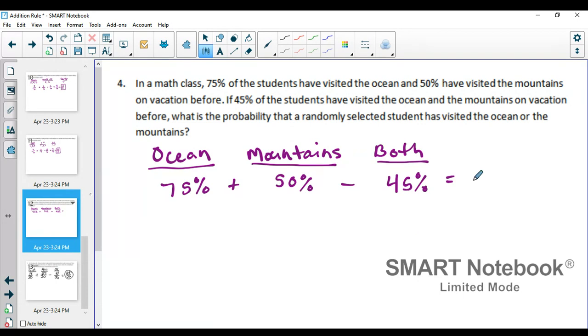But this, I believe, is 80%. So 80% of that math class has visited the ocean or the mountains before. And if we were in the classroom, we would figure out how accurate that number was for our class. But we're not. So just stick to this, I guess.